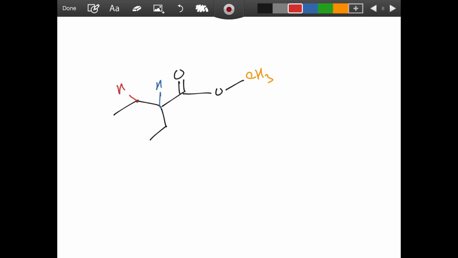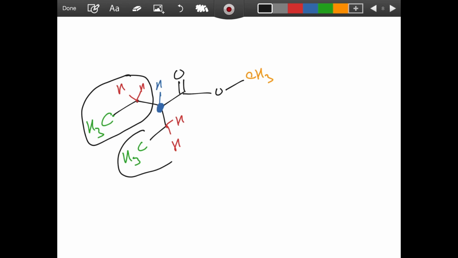Then we're going to have 2 hydrogens here and a CH3 here. I'm going to be a little bit quicker. CH3 and an H. This blue carbon right here has 2 ethyl groups on it. So the NMR is going to see this ethyl group and this ethyl group as being exactly the same.